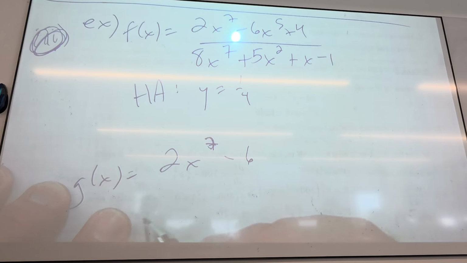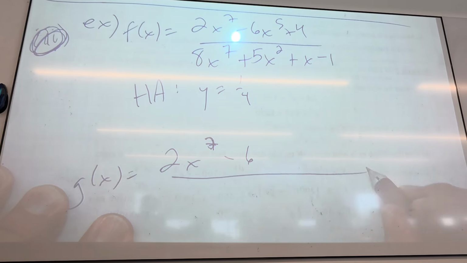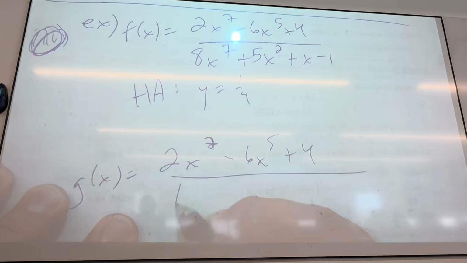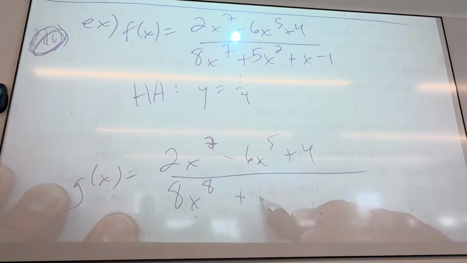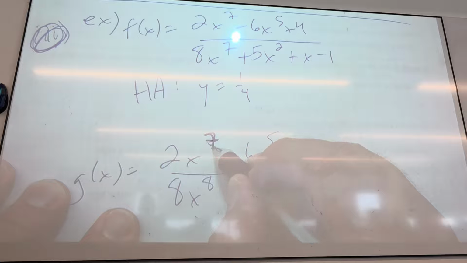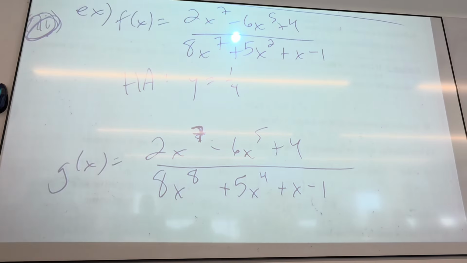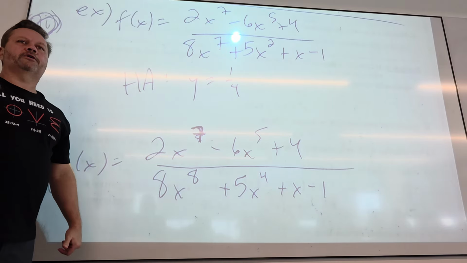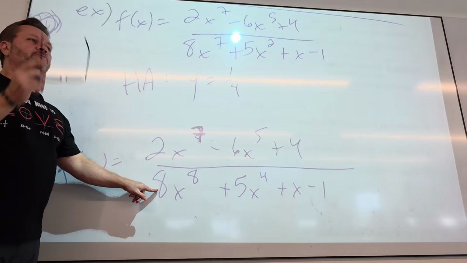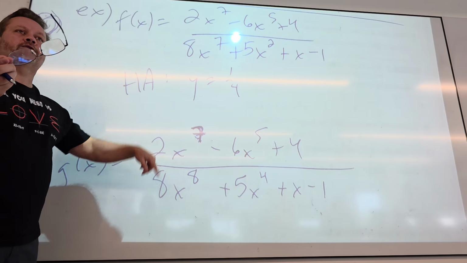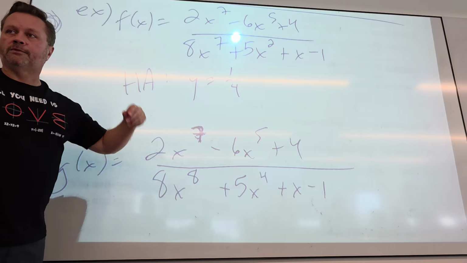Let's say the top is the same, like 6x^5, and at the bottom it's like 8. Is the top degree and the bottom degree the same? Which one has the bigger degree? The bottom. Bottom grows faster. If the bottom grows faster, the whole thing goes to 0, because I'm dividing by something bigger.